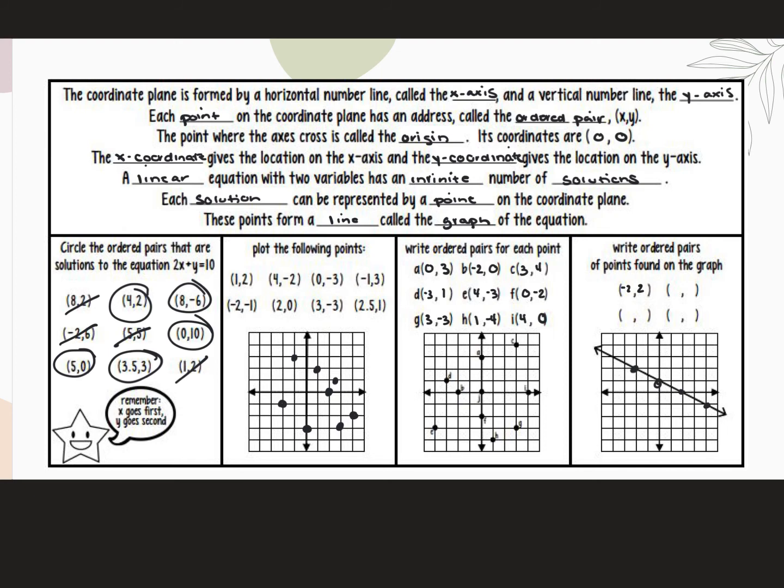Our second point, 0, 1, third point, 2, 0, and then we have 4, 1. All right, those are all solutions. We know exactly what those numbers are, so those are all solutions to that linear equation.